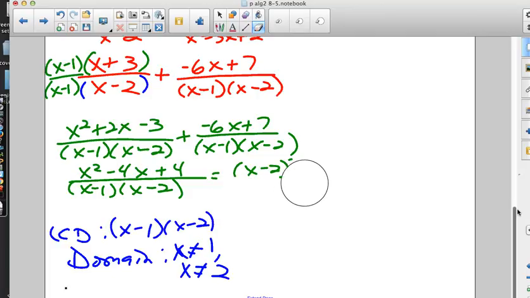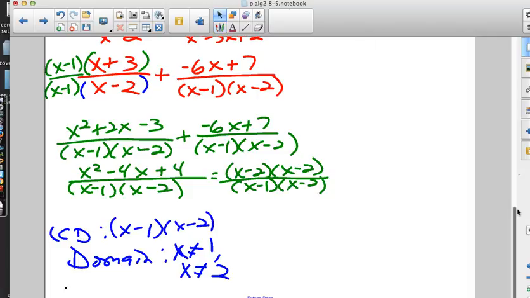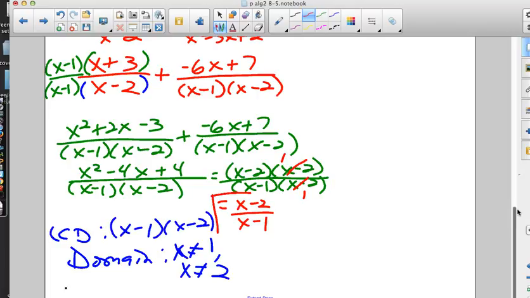Okay. Because then it's pretty easy to see your little x minus 2, at least one of them is out of there. I drew a line right there. Got it?